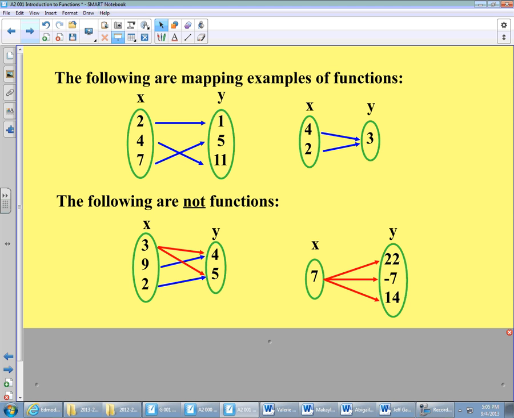That is a big no-no when it comes to functions. The domain can't get greedy. It can't go get more than one. On the right-hand side, we've got major problems. We have one value in the domain, one x, that's trying to get 3 different y's. It's not allowed. Each x can only have one y.